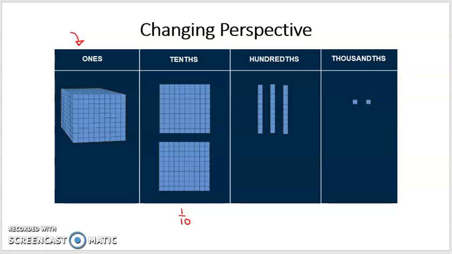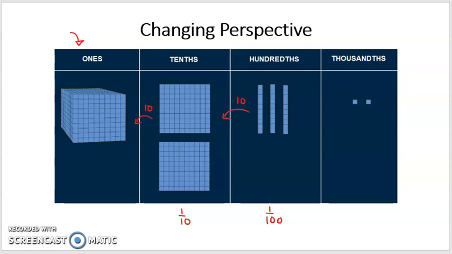There are 10 longs in a flat, 10 flats in a cube, or a 1,000. So each long represents 1/100th of the cube.